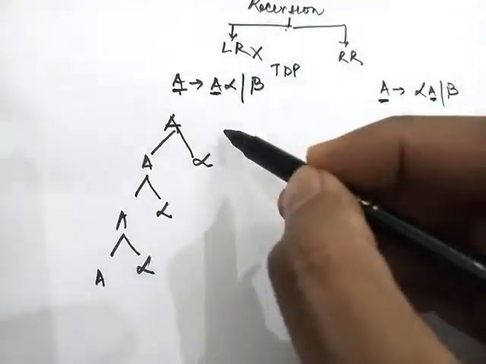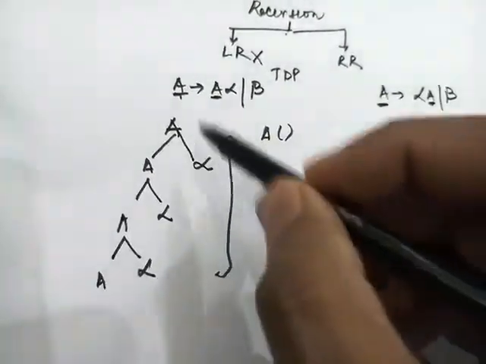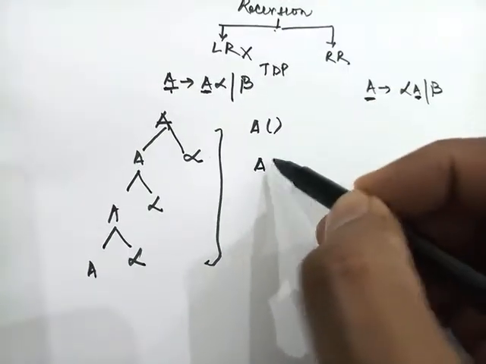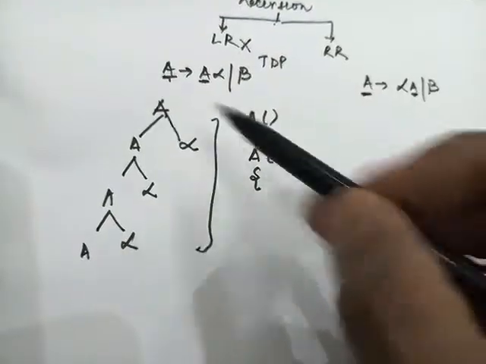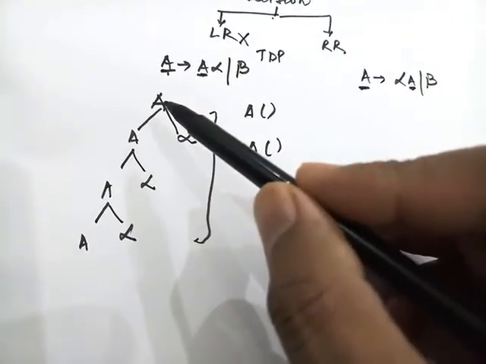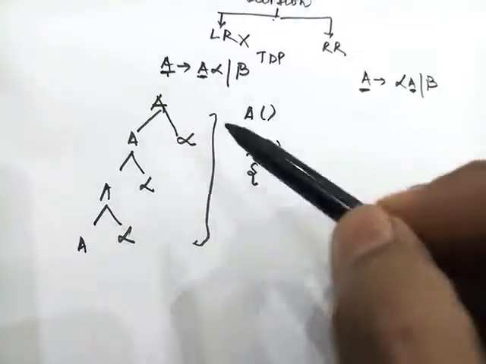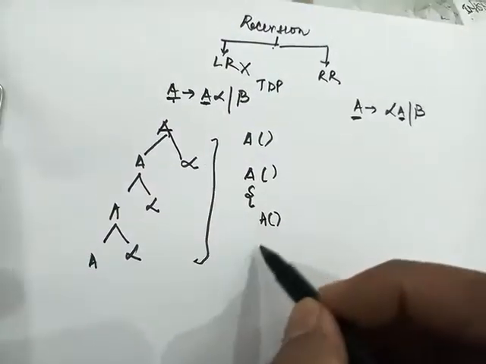If you think about it in a functional form, just assume that there is a function called A. So this tree is something like this, that you are calling a function A. Now this function calls itself again with A and alpha. So it will be like this, A and then alpha.